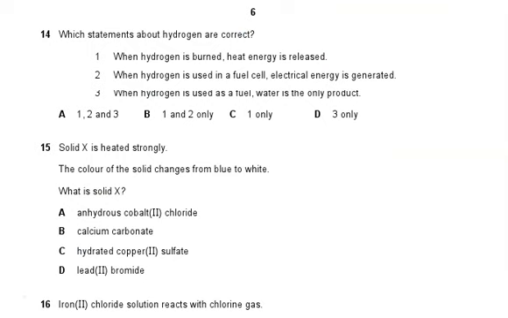For question number 14 here, which statements about hydrogen are correct? When hydrogen is burned, heat energy is released. You can say that because hydrogen will be used in the fuel cell, right? And number 2, when hydrogen is used in a fuel cell, electrical energy is generated.